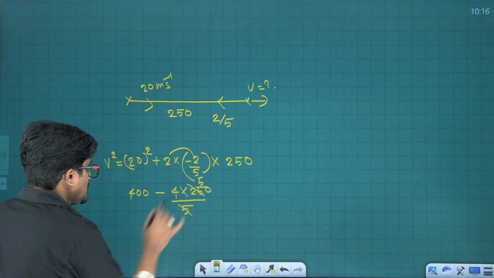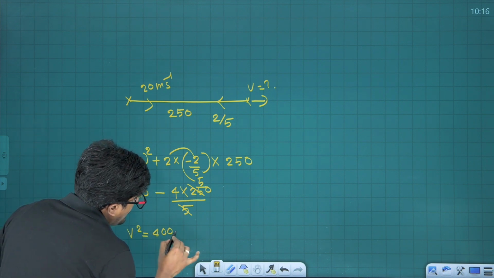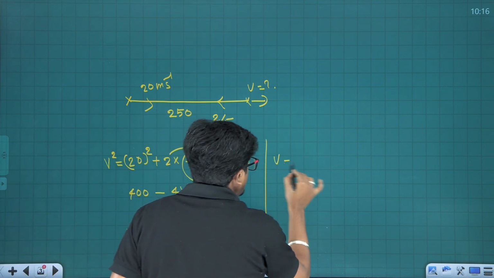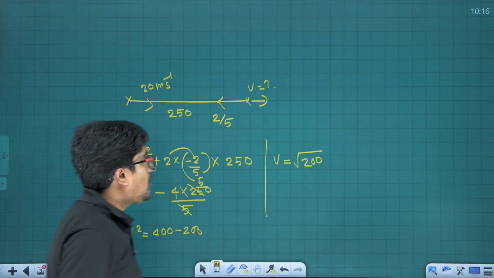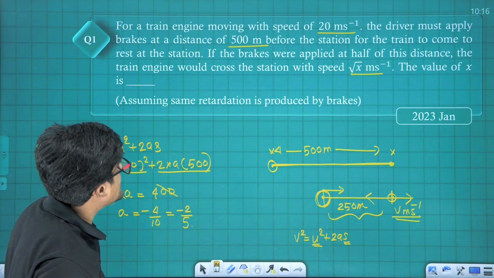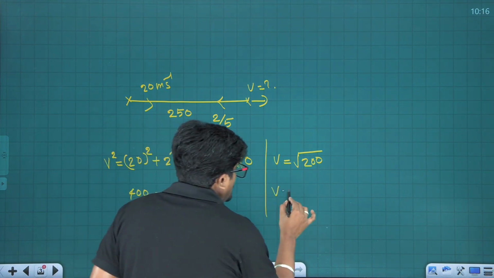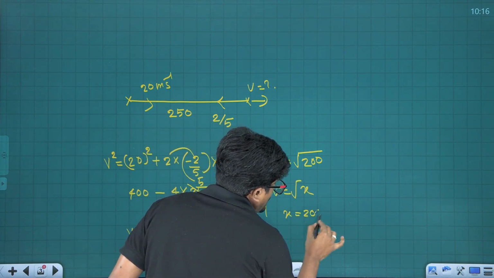So here this is minus 200. So v square is equal to 400 minus 200, or I can say v is equal to root of 200. Now let me cross check with the question. They say that it is root of x. So v is equal to root of x, which means x is equal to 200.